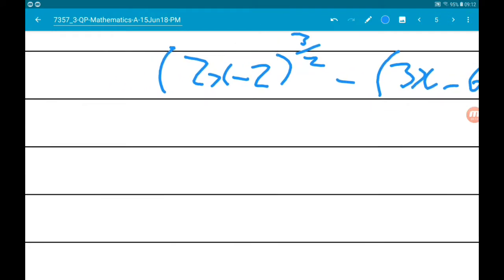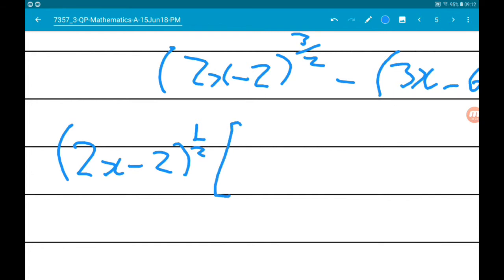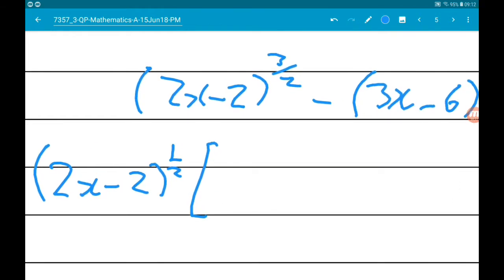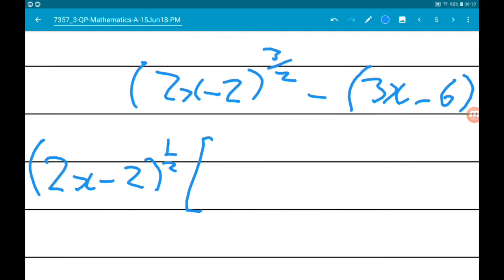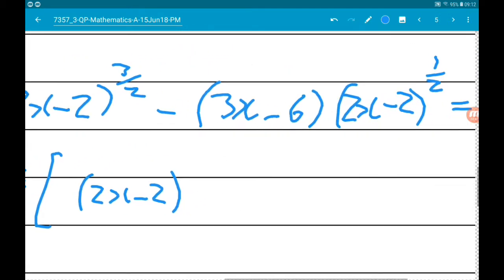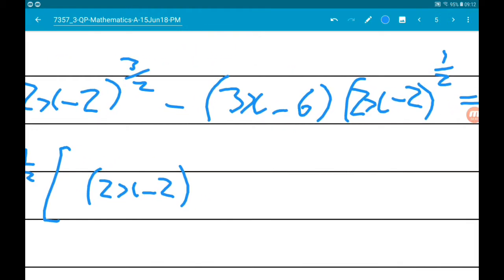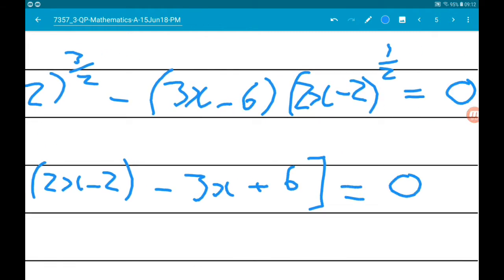So we're going to say then we got 2x minus 2 to the power of a half times, now if we divide 2x minus 2 to the 3 halves by 2x minus 2 to the 1 half, we just get left with 2x minus 2 to the power of 1. And then we're going to have minus 3x add 6 is equal to 0.